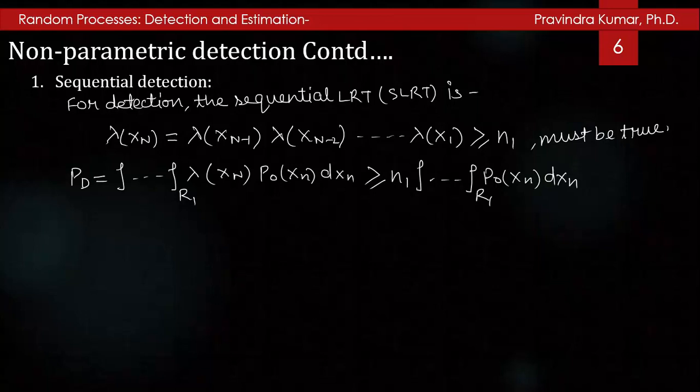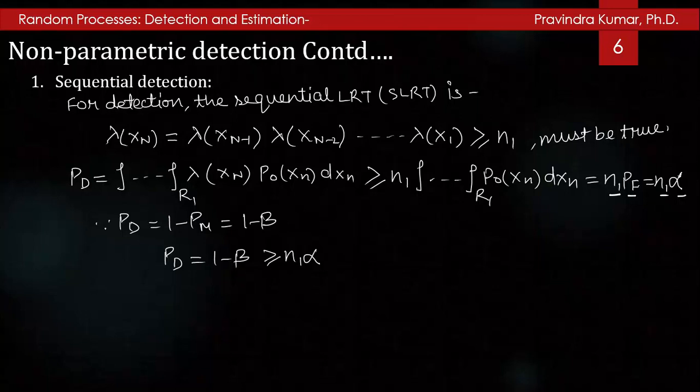So the probability of detection will be the N-times integration over the critical region of lambda(xn) p0(xn) dxn, which is greater than or equal to N1 times the integration over the critical region of p0(xn) dxn, and it will be equal to N1 into the probability of false alarm, or you can say N1 into alpha. Since you know the probability of detection will be equal to 1 minus Pm, or you can say 1 minus beta.